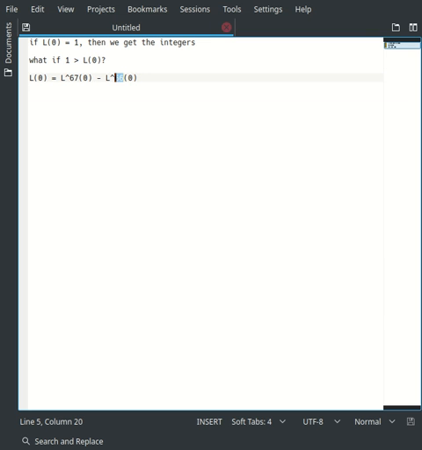Whatever these two are, if they're 1 apart, so this is 67 and that one's 66, it could be 3 and 4, whatever they are, 1 apart, the difference between them is always the same as this interval, right?